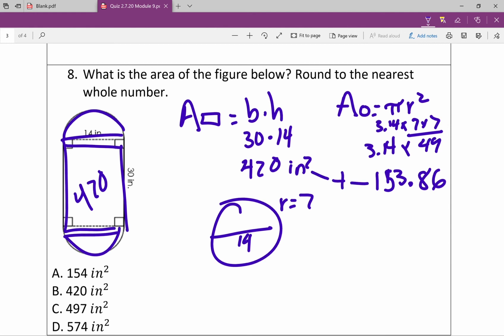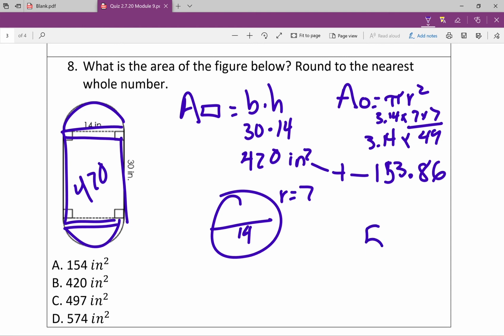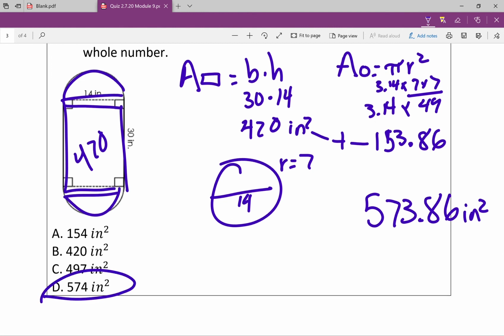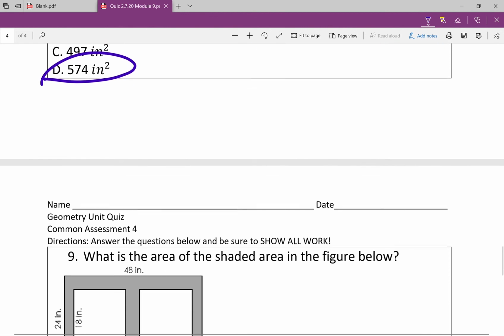This and this, add them together, and you get 573.86 inches squared. So my answer was D. They rounded to the next whole number. Any questions on that one?